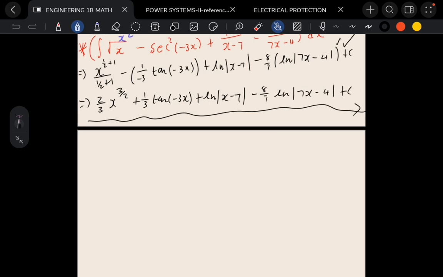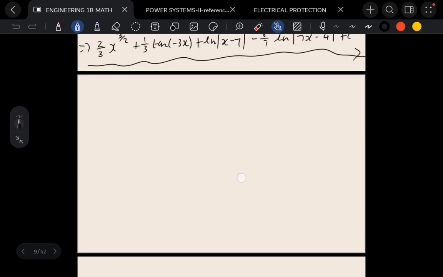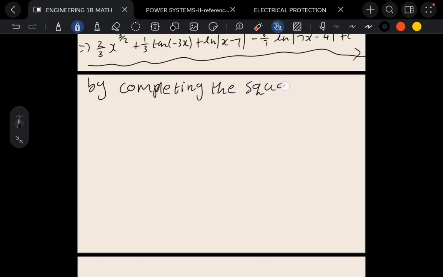Now, what I'm interested in is integration by completing the square. For now, we are not going to do the hard ones.